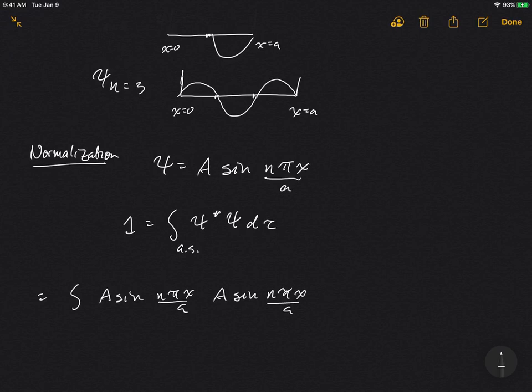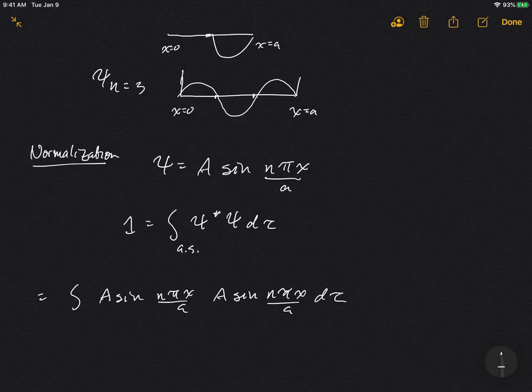Now you may be wondering, you said that the wave function has to be a complex conjugate. And that's true, except our wave function seems to be real valued at this point. And you remember the complex conjugate of a real valued function is that function.